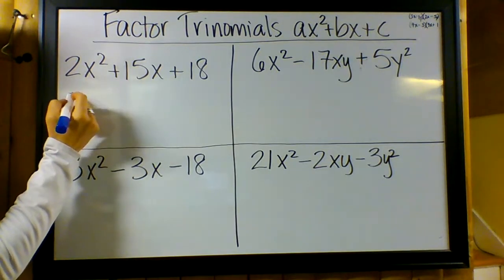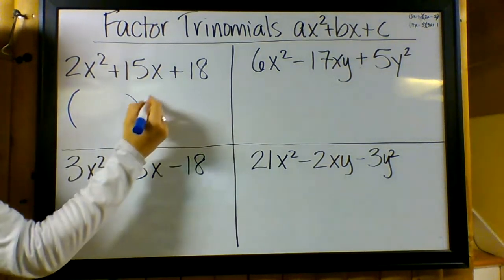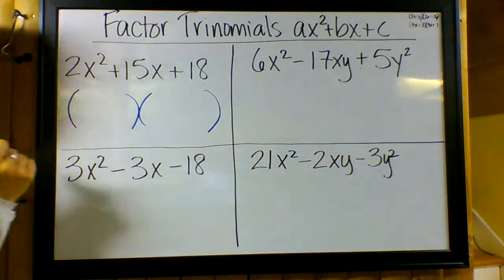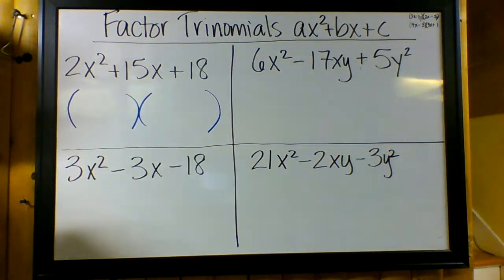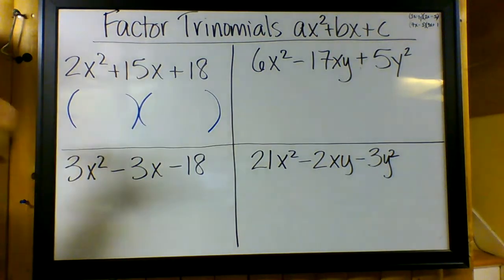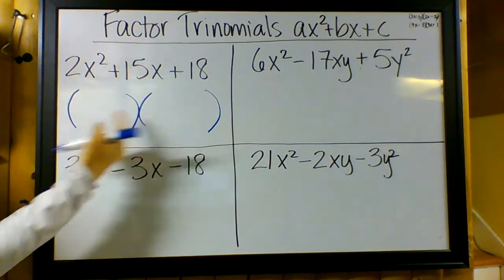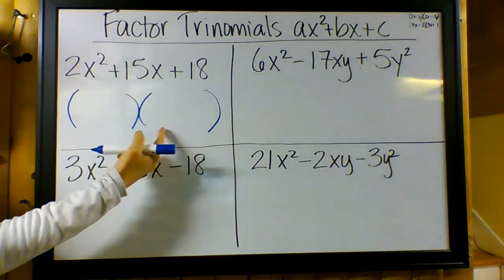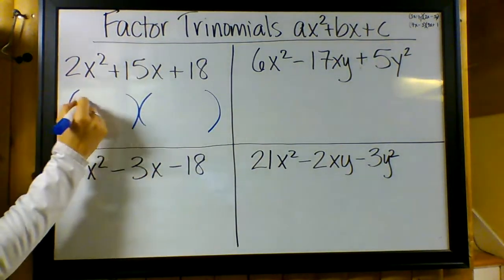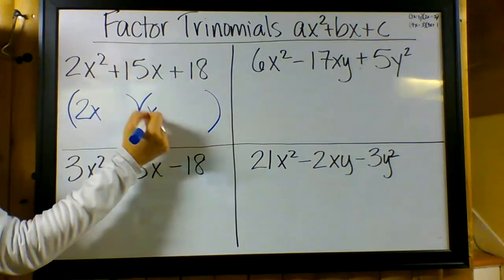And I know that if this is factorable, then it factors down to 2 sets of parentheses with binomials in them, right? I know that there really is only one possibility of what goes in these first positions to make 2x squared, 2x and x.